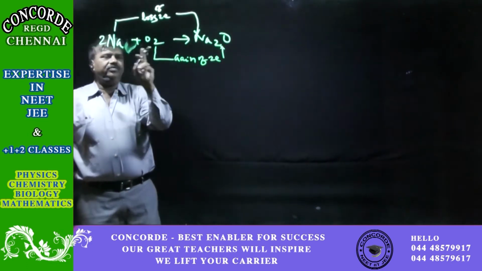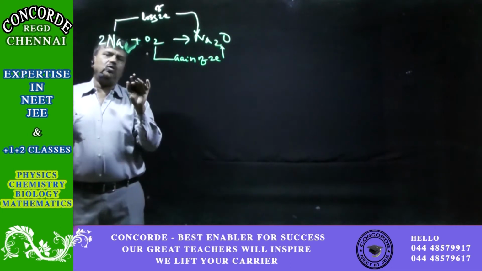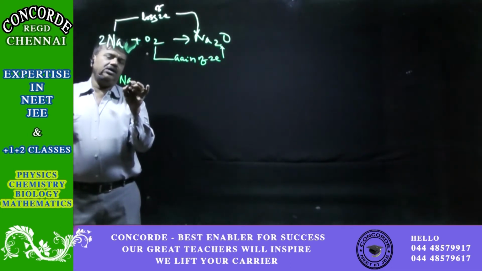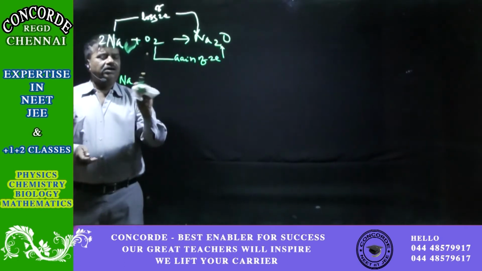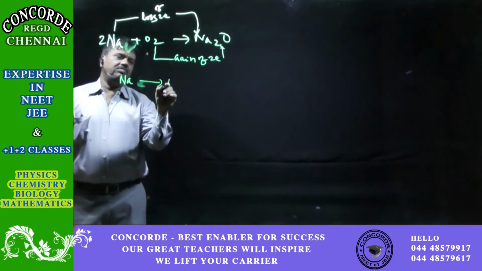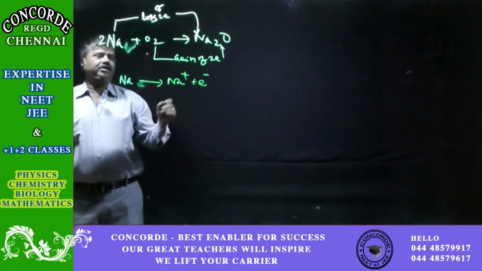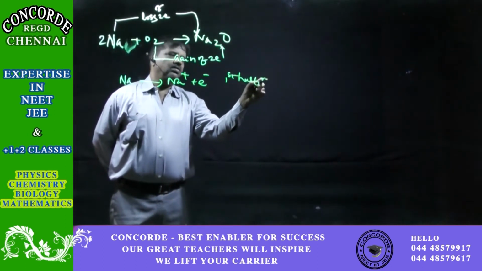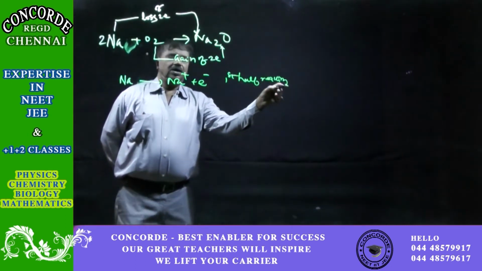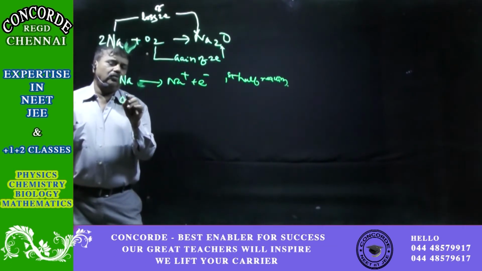because Na becomes Na+, generally they are written in two half reactions, where one is the reaction where electrons are emitted or given out. This is the first half reaction. And the second half reaction will be O2.